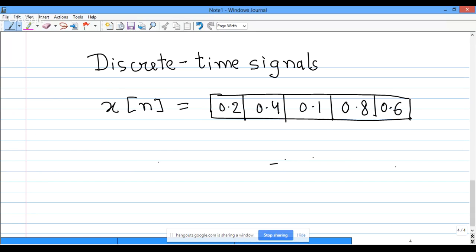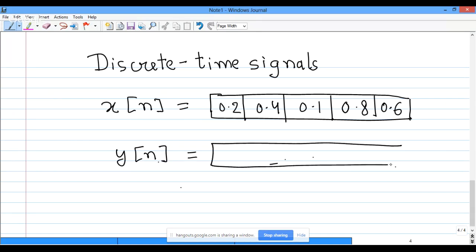Now, when we are thinking about this discrete time signal, let us assume that I have another signal y[n], which is an array like this. And let us now assume that I have multiplied these two signals.